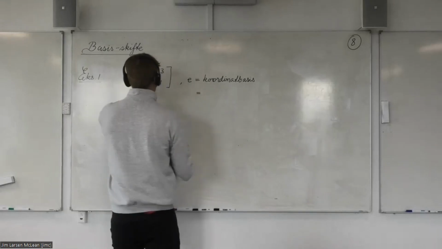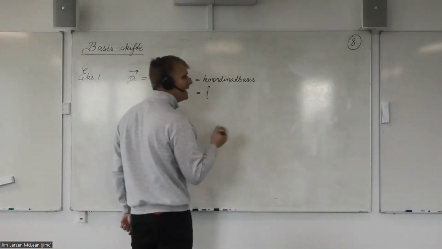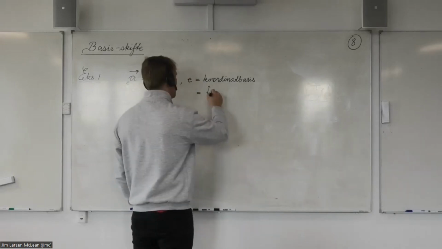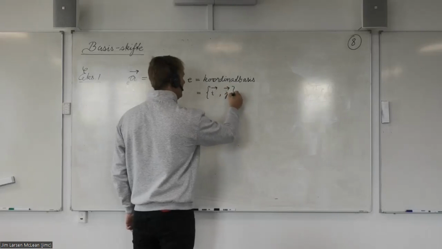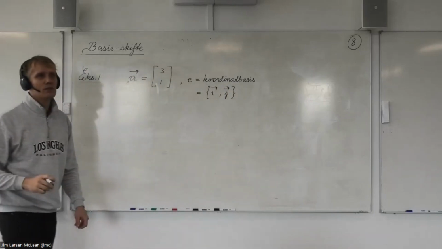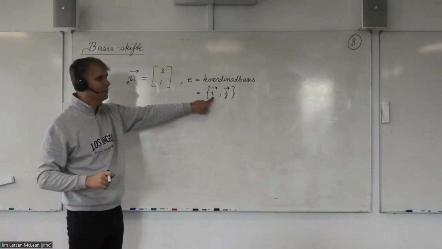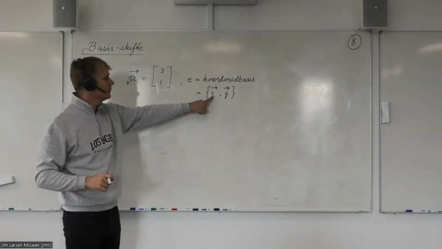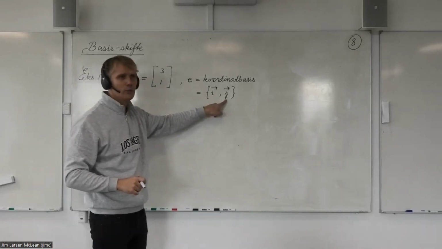Since it is a two-dimensional vector, it's just two vectors that are of unit length and perpendicular to each other, and they are called i and j. That is called the standard basis for the two-dimensional space. Those are the two unit vectors you all know. That is a unit vector in the direction of the x-axis, and that is a unit vector in the direction of the y-axis.